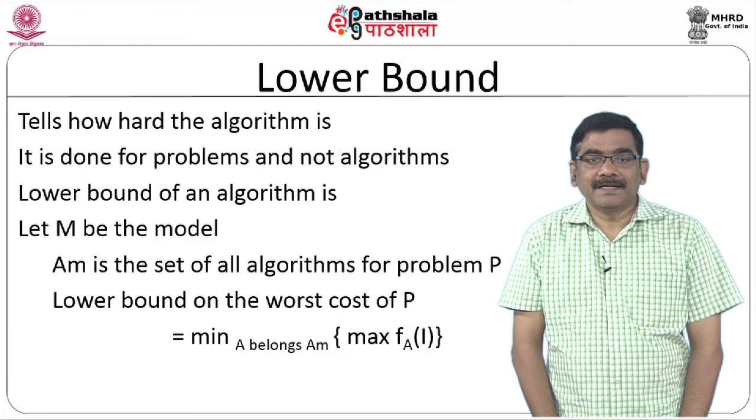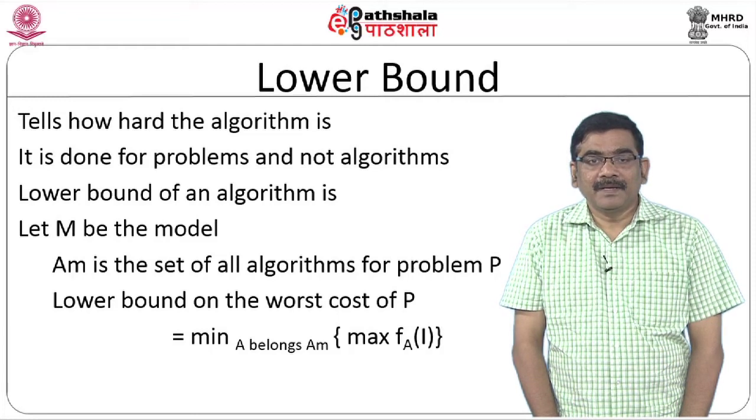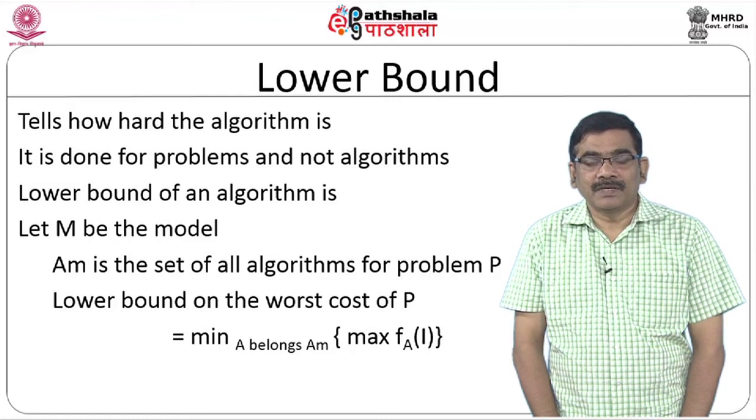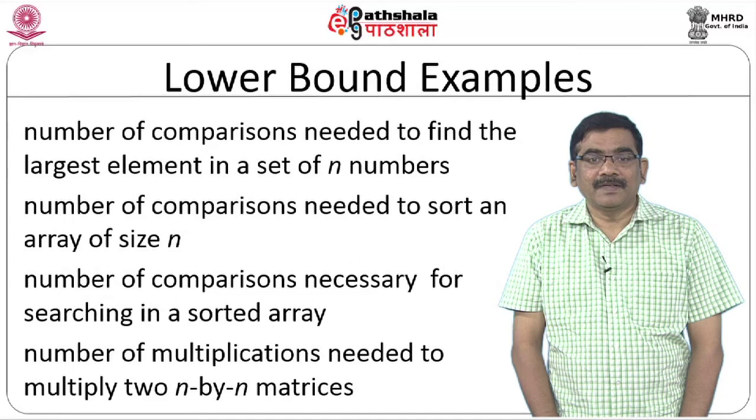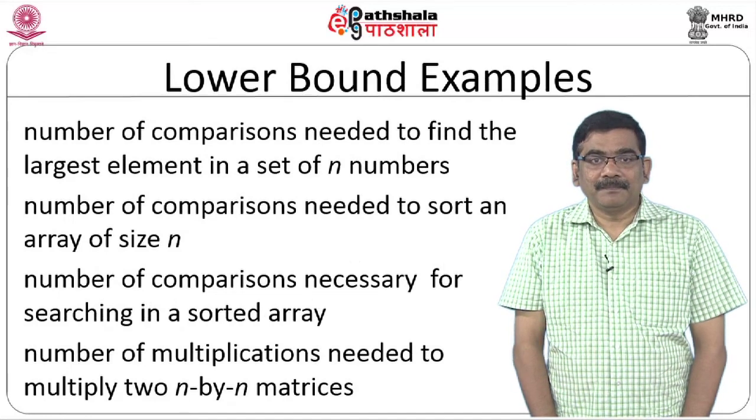So, you can say that it is the min of maximum of the resource cost that is available. Using this particular logic, we can find the lower bound of the given problem.